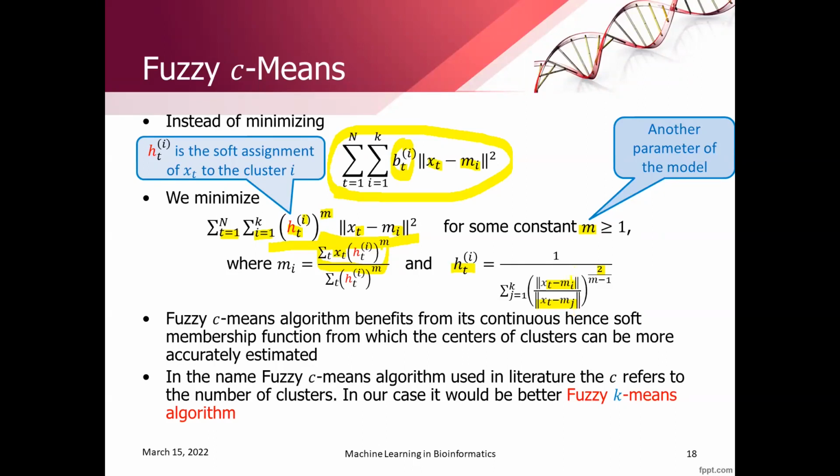Centroid i is the one I am interested in: how much should I assign the observation t into the cluster i. So I sum through all possible clusters. Here we have the distance to the centroids for all clusters, still squared, and we take the (m minus 1)-th root from the fraction. And such fractions are summed together.